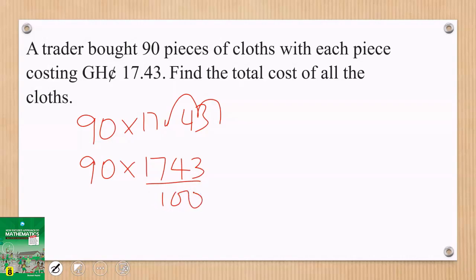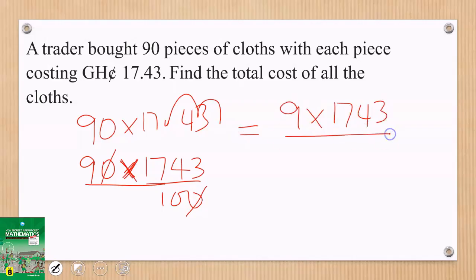If that is true, then everything is divided by 100 because of the multiplication here. If it were addition, then we could have separated them, but multiplication means everything will be divided. So I can cancel these two zeros so that my work now becomes 9 times 1743 divided by 10. You know the structure I'm using. I want to make the work very easy because I don't have a calculator.